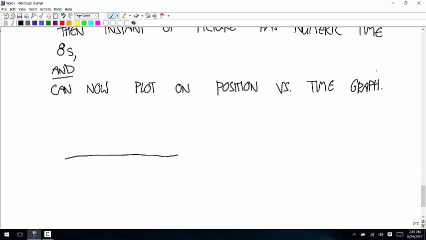So in a position versus time graph, these are the axes. The x-axis is always going to be time. The y-axis is always going to be position. And for this example, time is given in units of seconds. Position is given in units of meters. And if I count out the seconds, there's 1, 2, 3, 4, 5, 6, 7, 8.